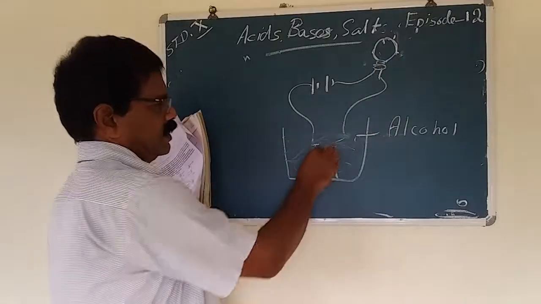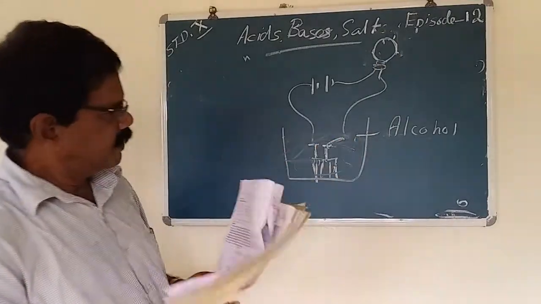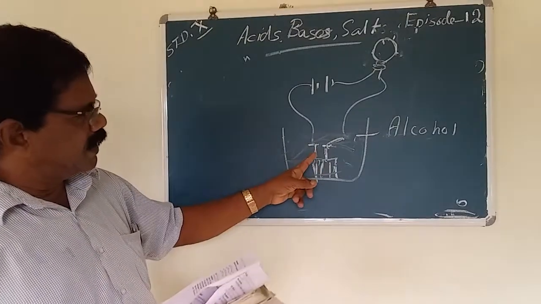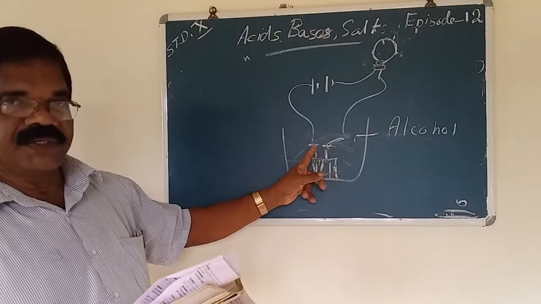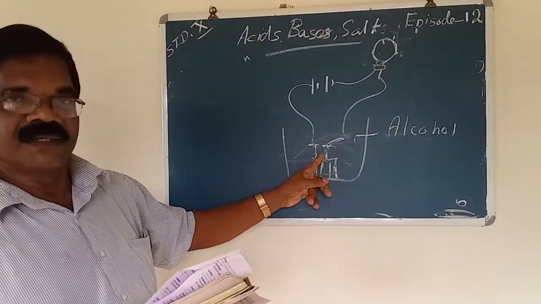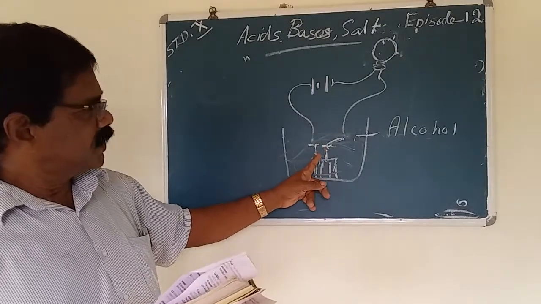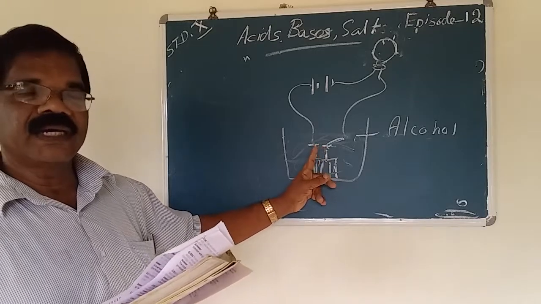That means the circuit is not completing. This is the cork with these 2 nails. There is no contact between them. The contact is only through the electrolyte taken inside the vessel. So if alcohol is taken, there are no ions.